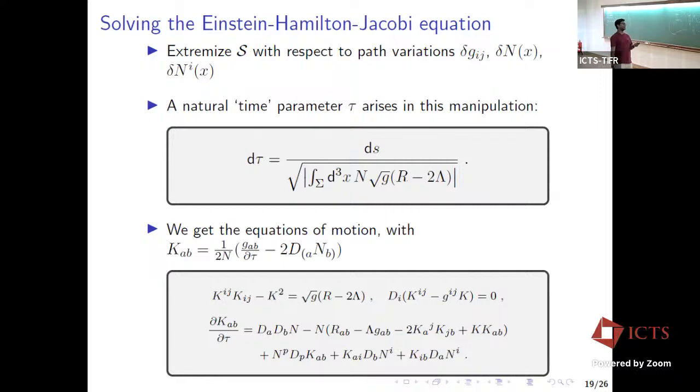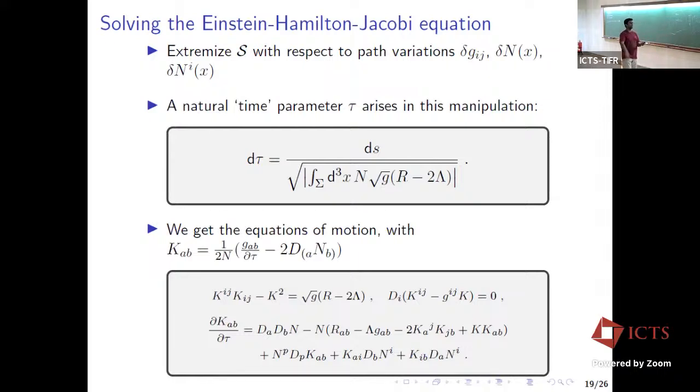So as I was saying at the beginning of the talk, this is another equation which can be thought of as an equation for GAB. So these are first order equations. Notice that this parameter tau defined this way appears in the usual place of time that one writes down for Einstein's equations. So this notion of time that one usually takes as some kind of a coordinate in a four-dimensional space-time emerges from the geometry of configuration space.